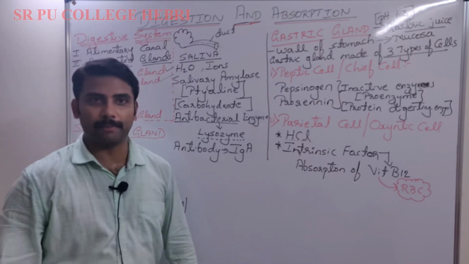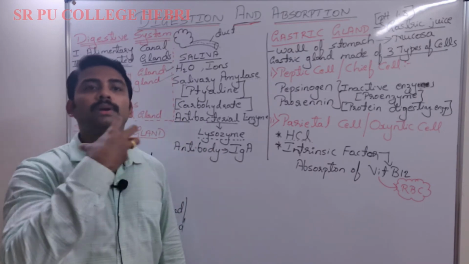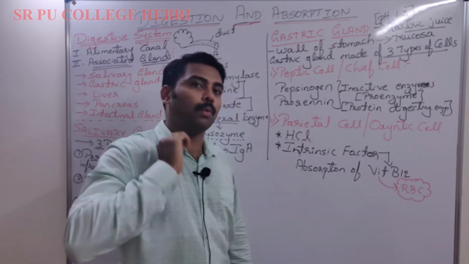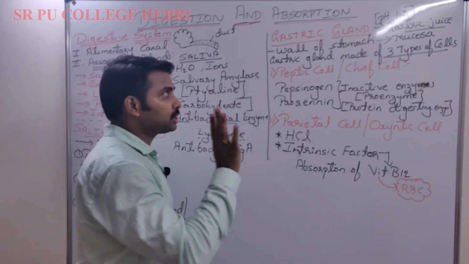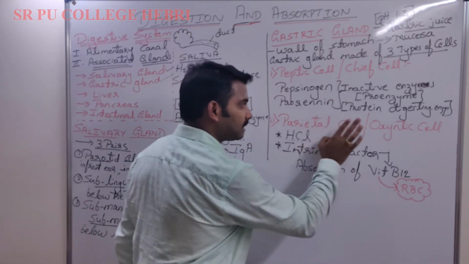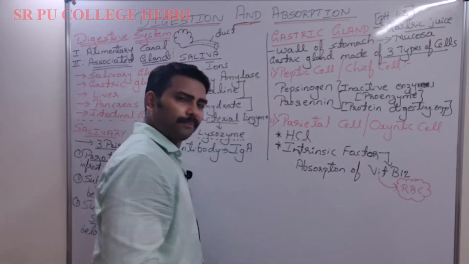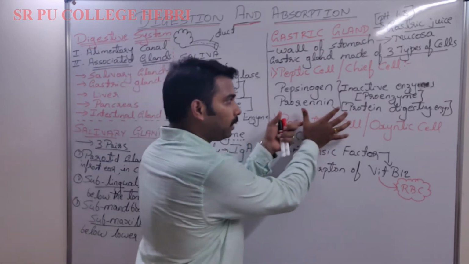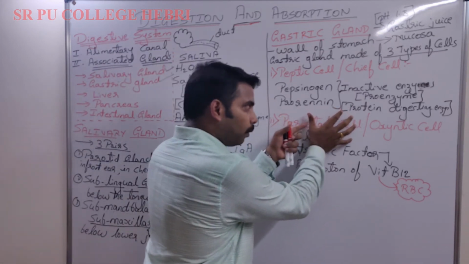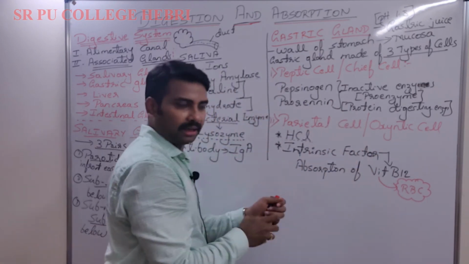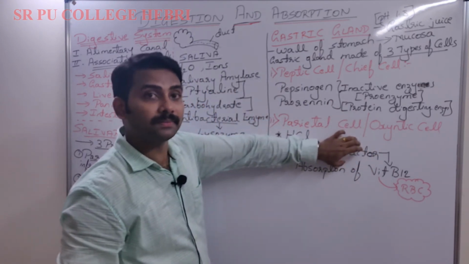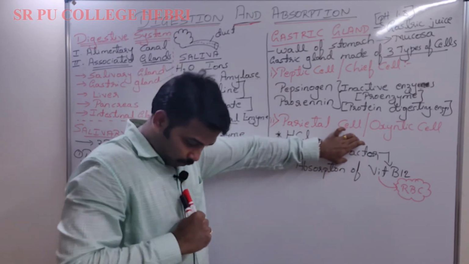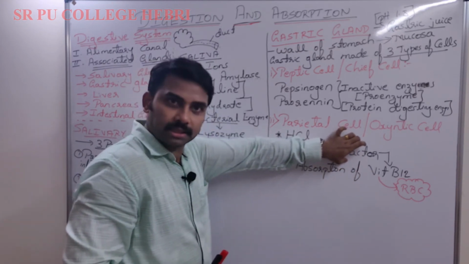Now say for example, you have consumed a food that is rich with vitamin B12. But I will stop your parietal cell from producing intrinsic factor. Somehow, don't ask me how. Somehow I stopped your parietal cell so that now it is not producing intrinsic factor, but your food is rich with vitamin B12. Now that vitamin B12 through food goes to your small intestine.